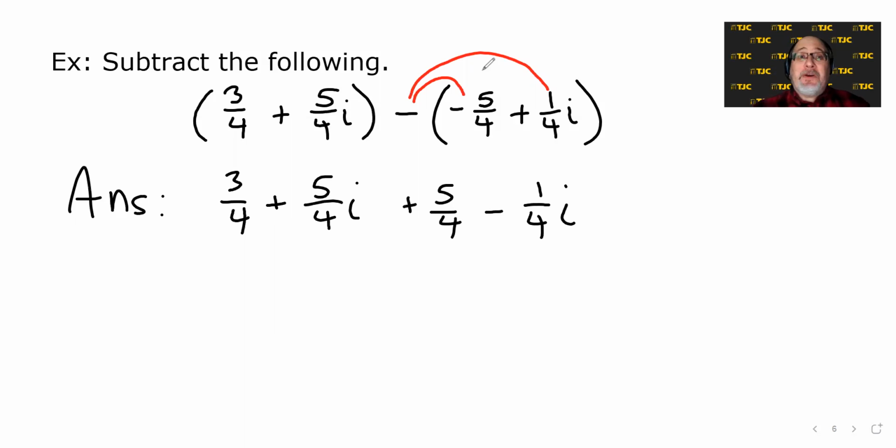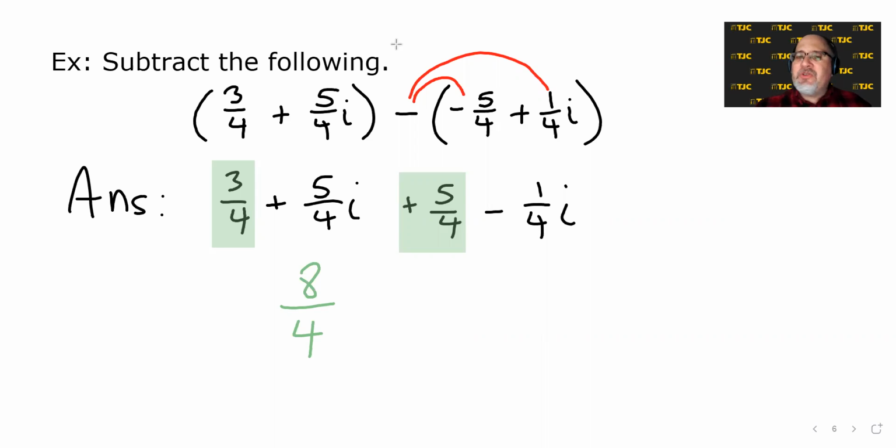And now we just have to combine like terms. Well, the real parts are 3/4 and +5/4, which already have a common denominator of 4. So that makes it a little bit easier. All we have to do is combine the numerators. 3/4 plus 5/4 is 8/4.